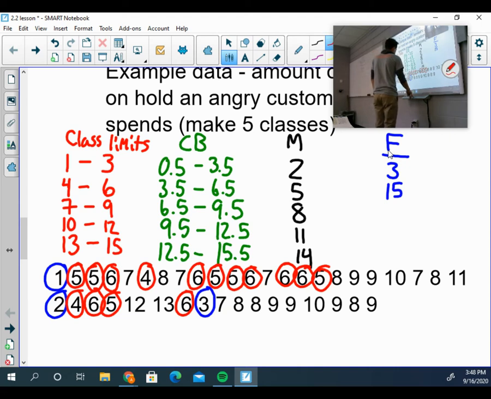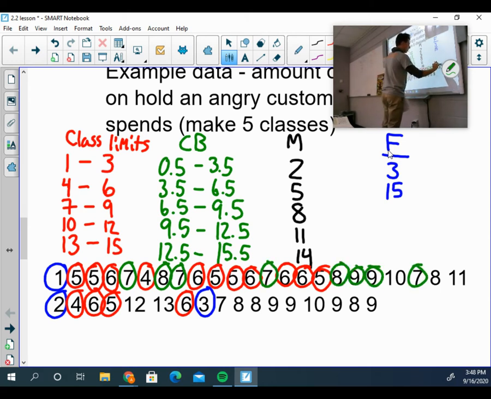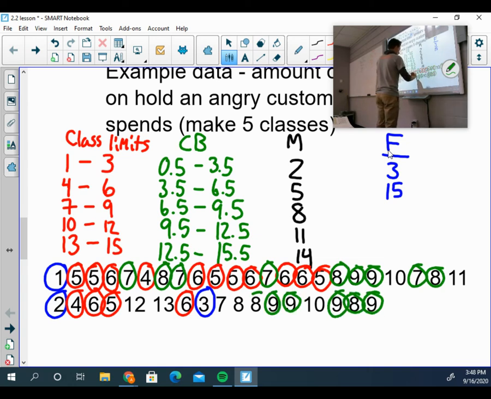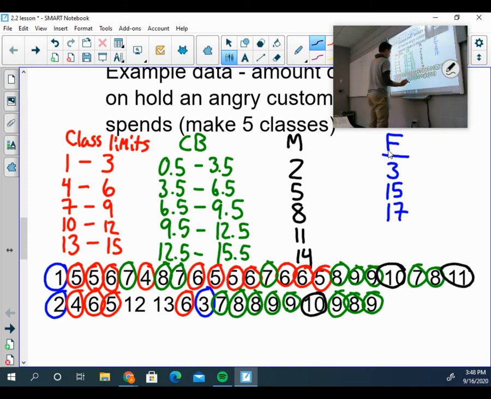My third class, 7 to 9, 1, 2, 3, 4, 5, 6, 7, 8, 9, 10, 11, 12, 13, 14, 15, 16, 17 values in my third class. My fourth class, 10 to 12, I have 1, 2, 3, 4 values. And then finally, I have 1 value in my final class, this 13 here.